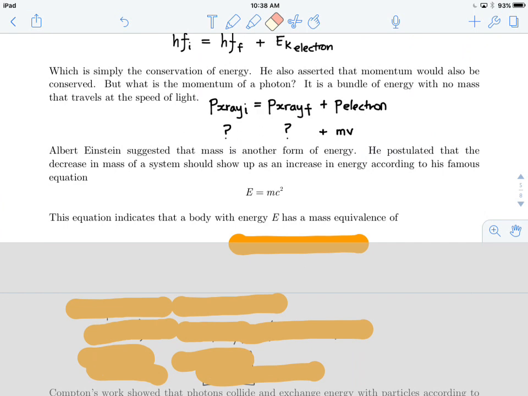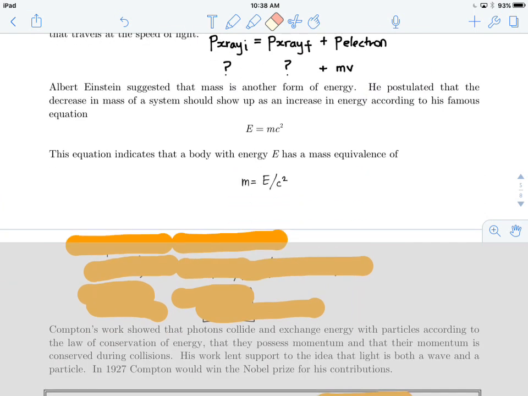Einstein predicted that E = mc², and that any decrease in mass of a system would show up as an increase in the energy. So if we rearrange this, we have a different way of thinking about mass.